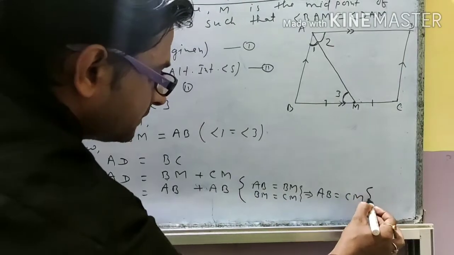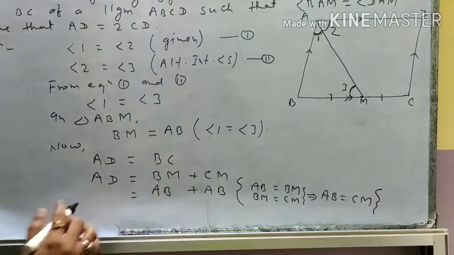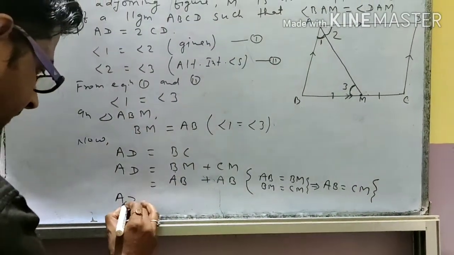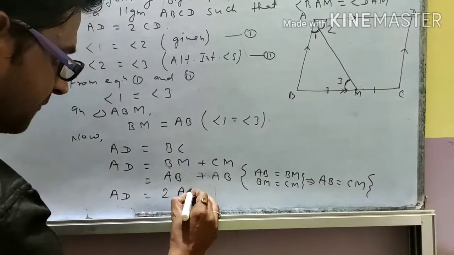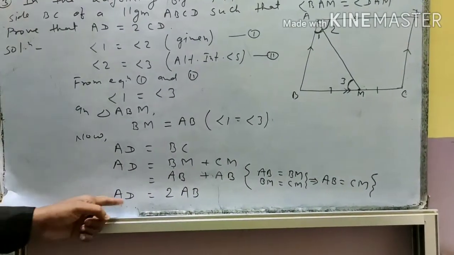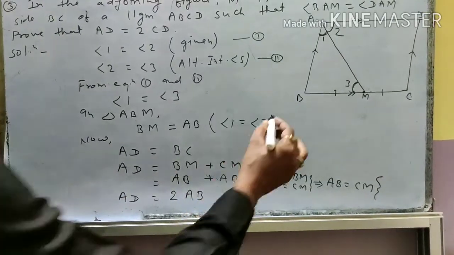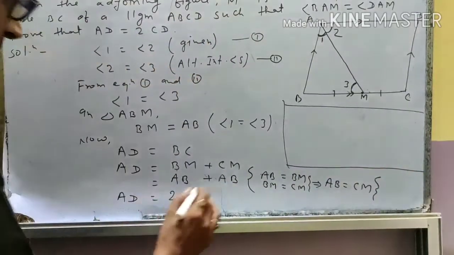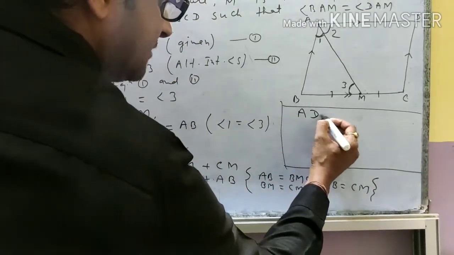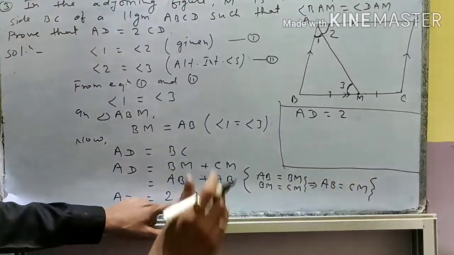So write down, this is the reason behind it. Okay. So AD is equal to AB plus AB, we can write here 2 times of AB. So AD is equal to 2 times of AB.